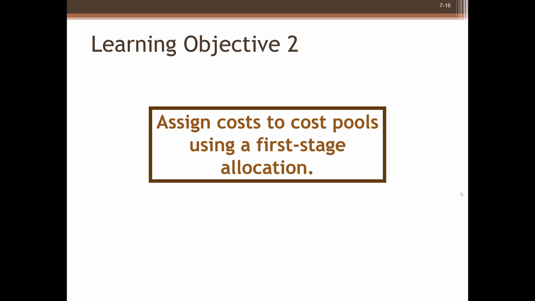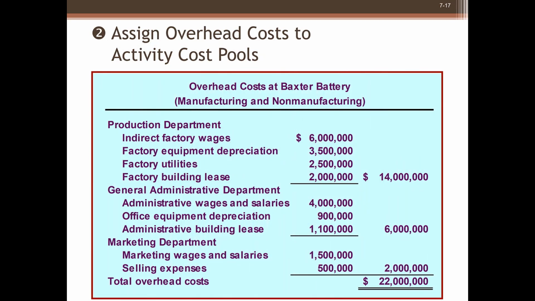Learning Objective 2 and Step 2 is to assign costs to cost pools using a first stage allocation. This is the overhead cost at the Baxter Company, including manufacturing costs and non-manufacturing costs, which should be assigned to activity cost pools. The costs are organized by department: production department, general administrative, and marketing department.